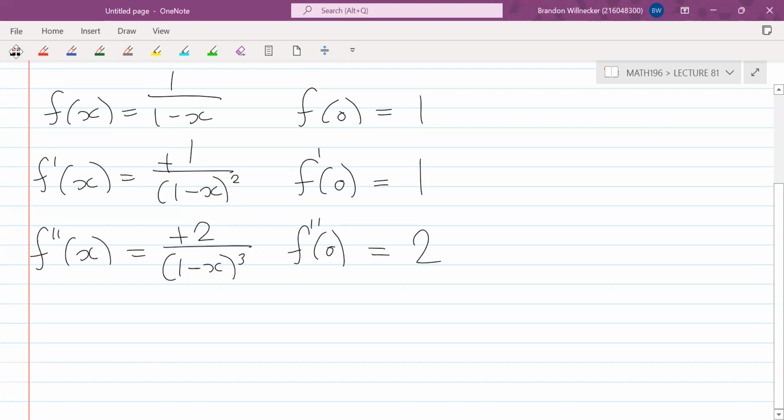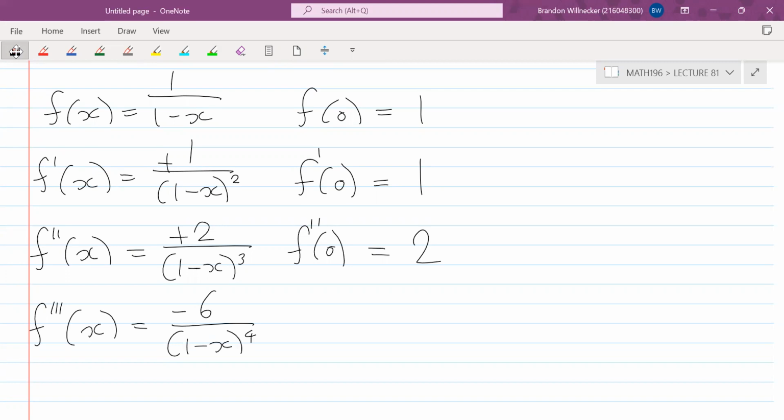Let's look at another one, the third derivative. That's going to be 2 times minus 3, so that's going to be minus 6 over 1 minus x to the 4. Okay, and then we need to multiply again by the minus 1 because of the chain rule, so that's a plus. So the third derivative at 0, that's going to be 6.